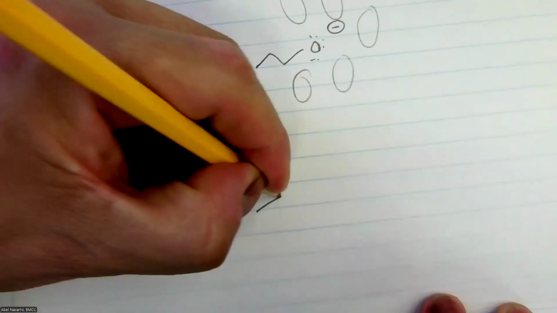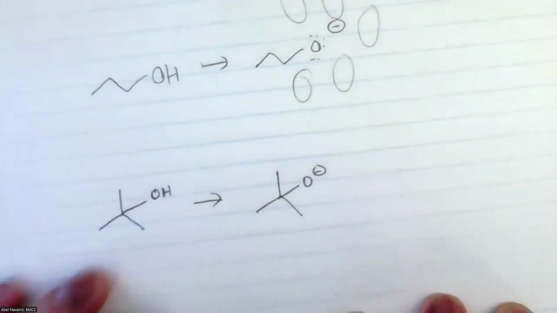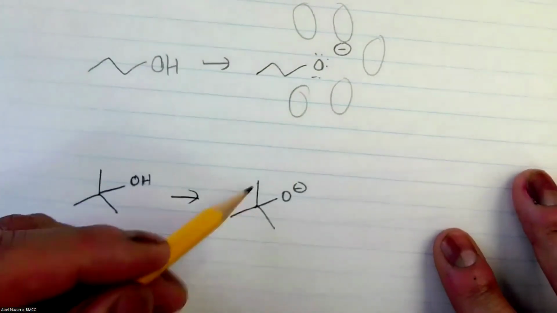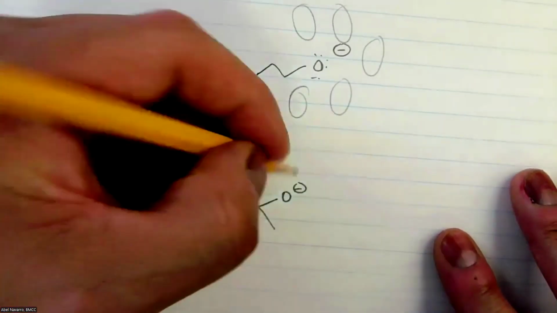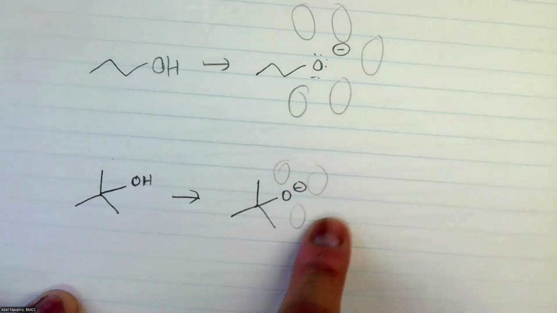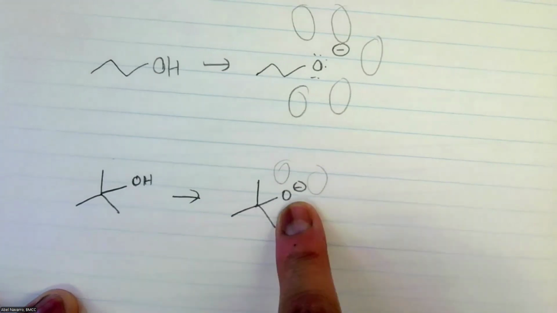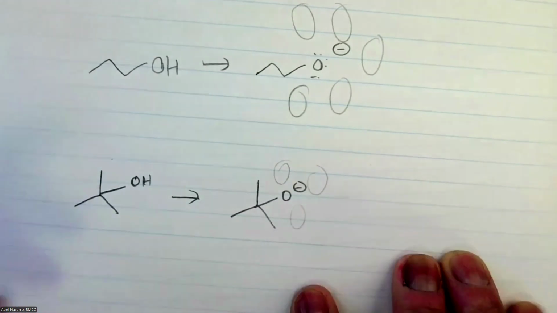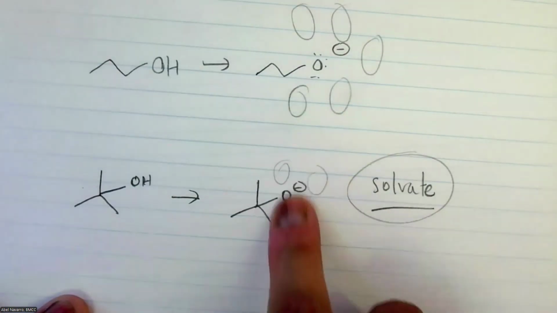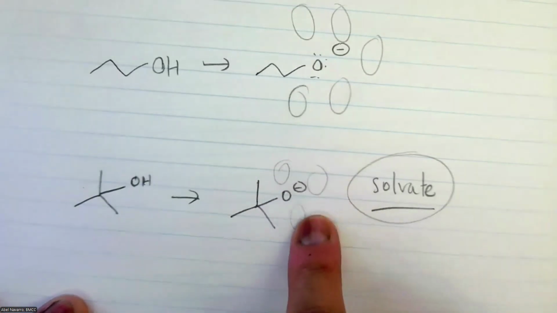You will deprotonate it, so you also have to stabilize it with the solvent. But since this compound is so bulky, with a lot of branches, the solvent is going to have a hard time. The solvent will not efficiently hydrate, or solvate the ion. This O minus needs to be solvated.